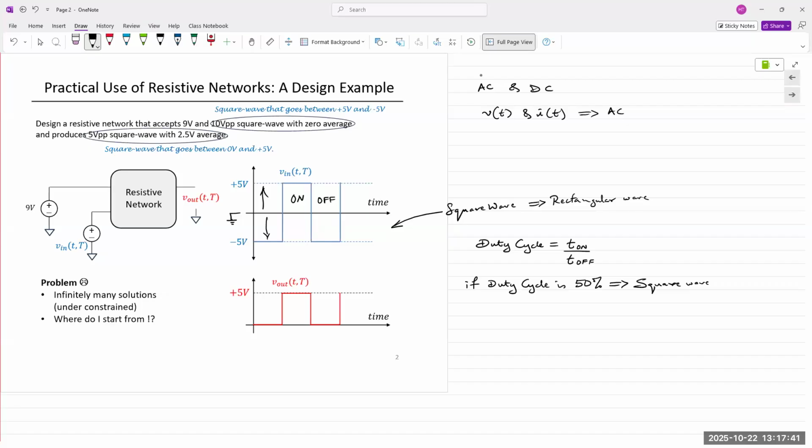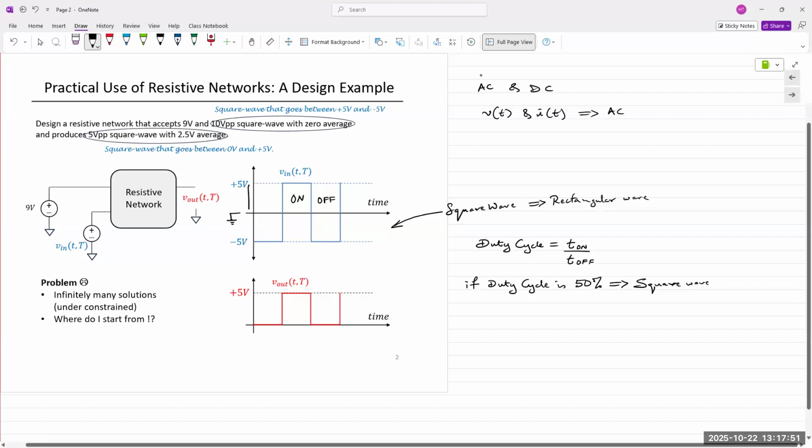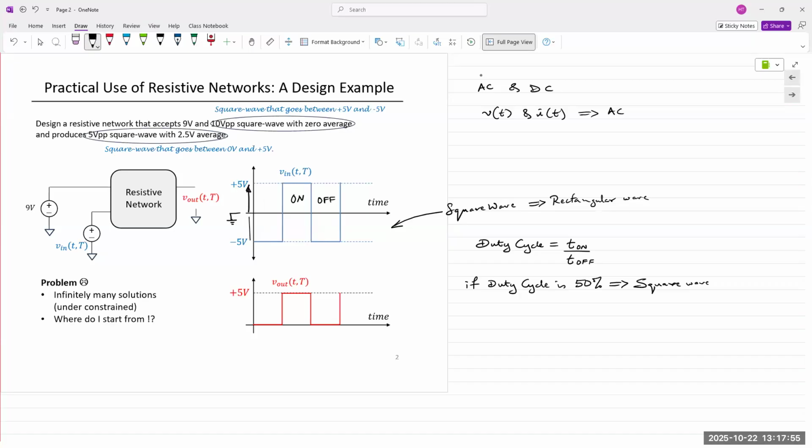Half of the waveform is above the reference point, and the other half is below the reference point. So in this square wave that you're observing right here, it's exactly 5 volts above reference, and then it falls 5 volts below reference, +5 and -5. And so the average value of this waveform would be 0.